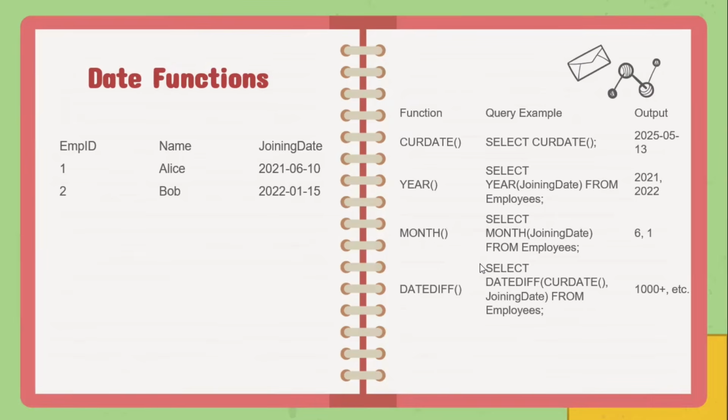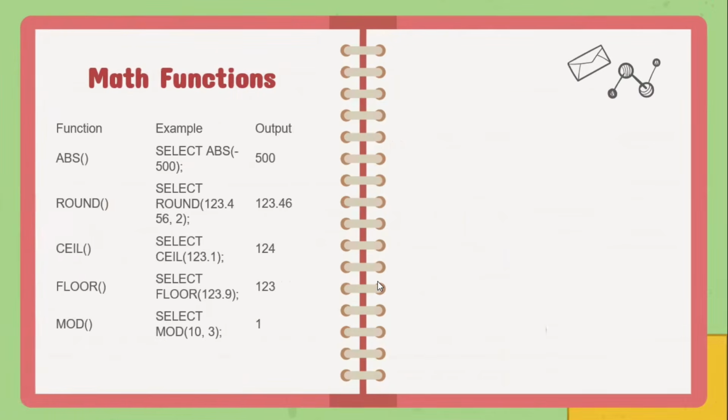MONTH actually retrieves the month from a particular date. DATEDIFF actually returns the difference between the two dates: CURDATE, comma, joining date. Suppose we want to retrieve the date difference from today's date to the date that that particular person has joined, then we will use that DATEDIFF function.